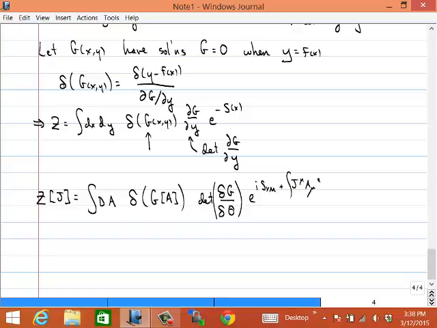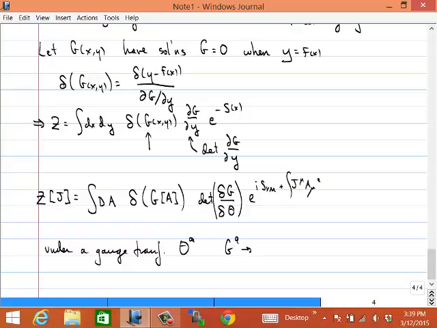Okay. And what is the operator? The operator is the variational derivative of our gauge fixing functional g with respect to the gauge parameter theta. So what is that variational derivative? Under a gauge transformation labeled by some parameters theta a, how does g transform?